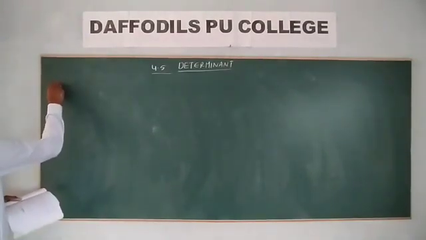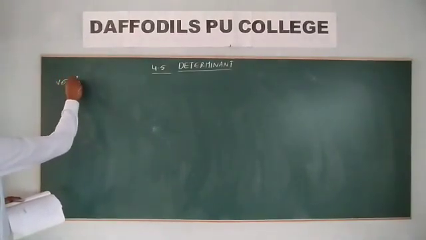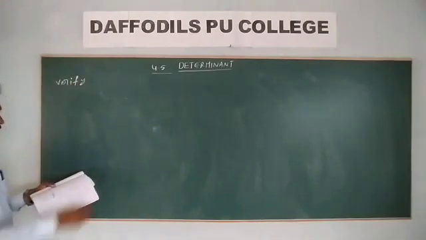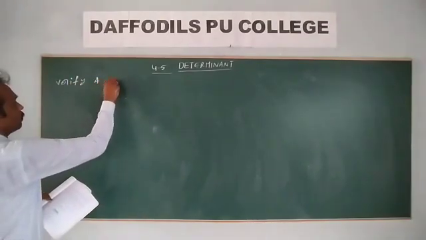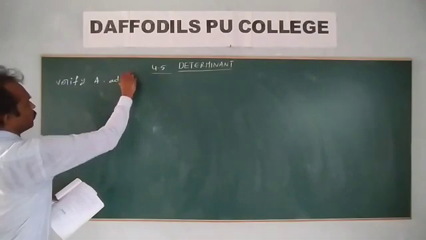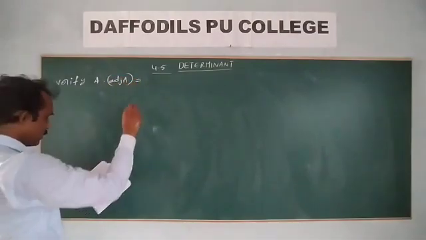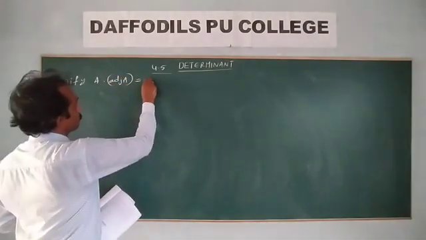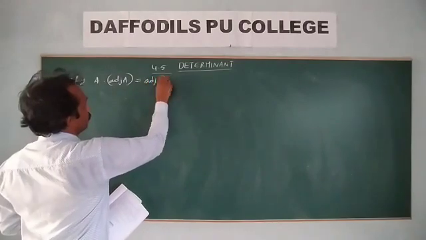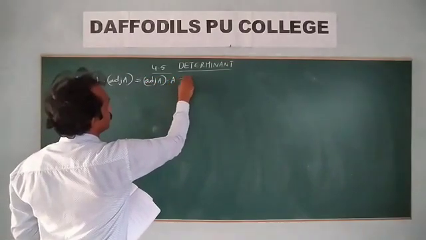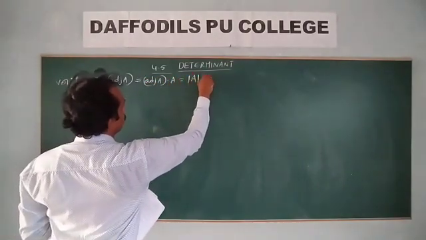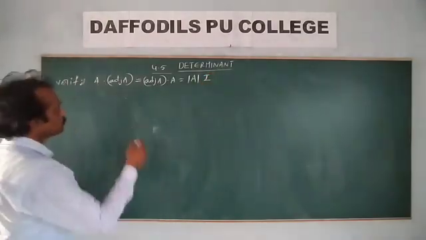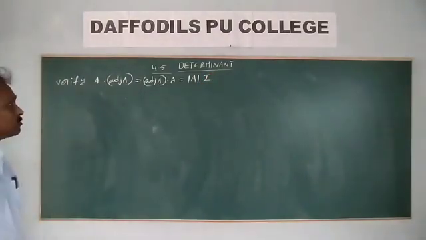Verify A into adjoint A is equal to adjoint A into A is equal to det A into I. This is the theorem proved yesterday already.